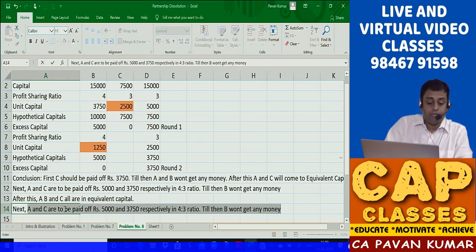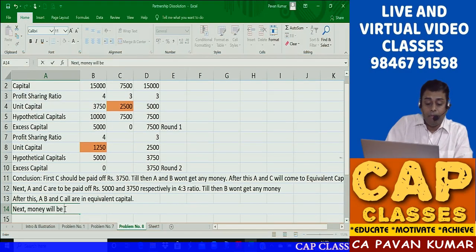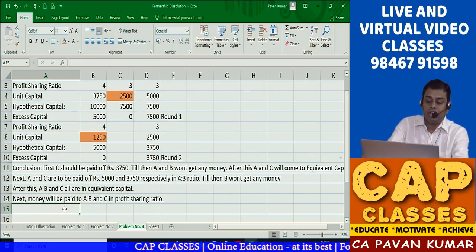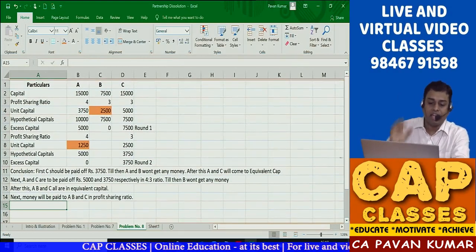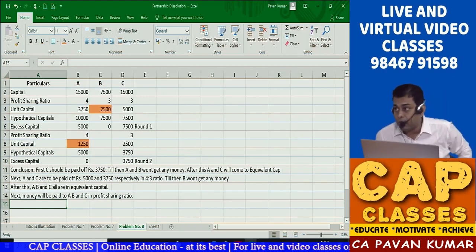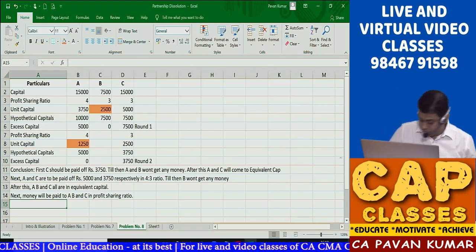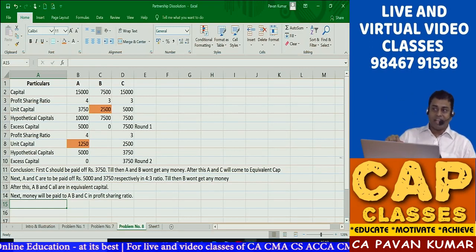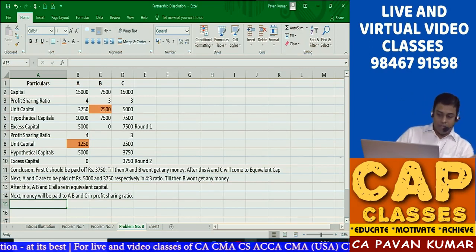Therefore, next, money will be paid to A, B and C in profit sharing ratio. So try to understand this table and these conclusions. If you understand this, my dear friends, problem is over. Be patient, take 10 seconds of time, just try to understand what we are doing.